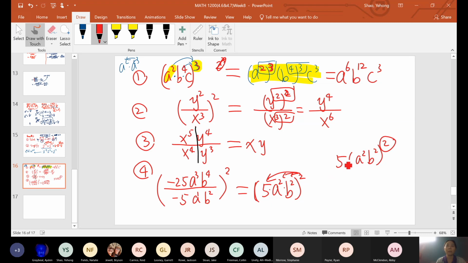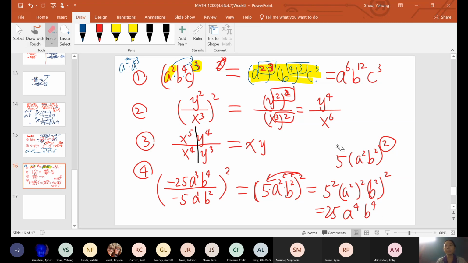But if it's inside parentheses, you need to raise 5 to the second. So you will have 5 to the second, a squared to the second, and b squared to the second. 5 to the second is 25, and for a squared you multiply the exponents, so you get that. All right, so these are the answers of these 4 questions.